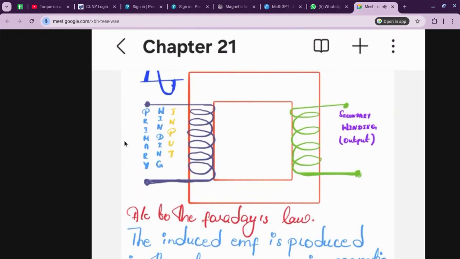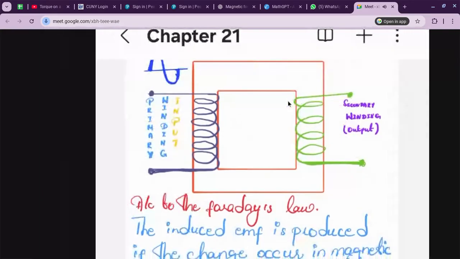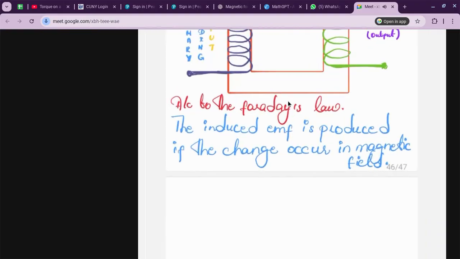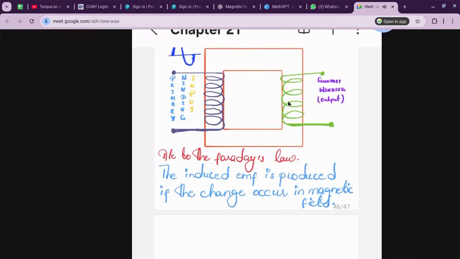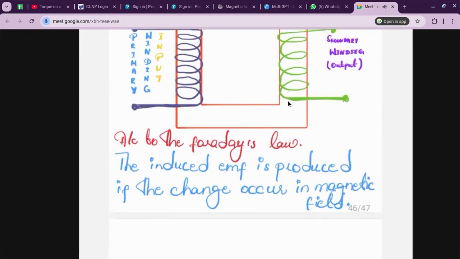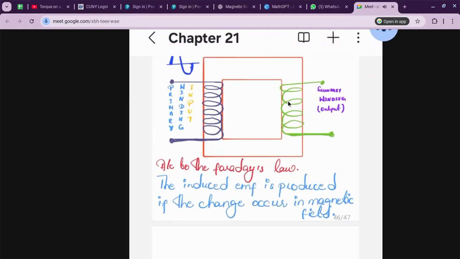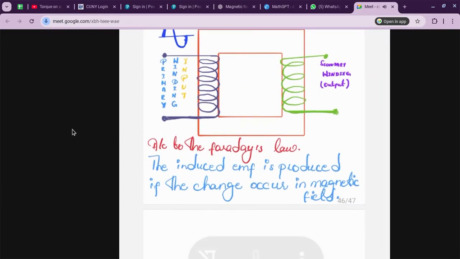Because that's where the magnetic field is changing, and the output is in the secondary. Does Faraday's law restrict that if there is a change in magnetic flux in the first coil, the induced EMF is always produced in the secondary coil? What if we have only one coil?